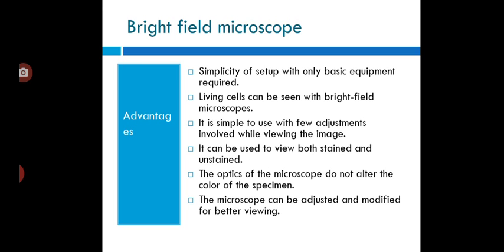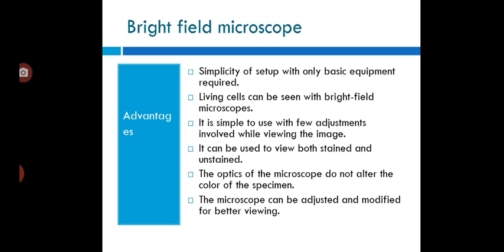Coming to the advantages of the bright field microscope, it includes simplicity of setup with only basic equipment required. Living cells can be seen with bright field microscopes. It is simple to use with few adjustments involved while viewing the image, so it doesn't need any additional or complicated adjustment for operating the microscope.